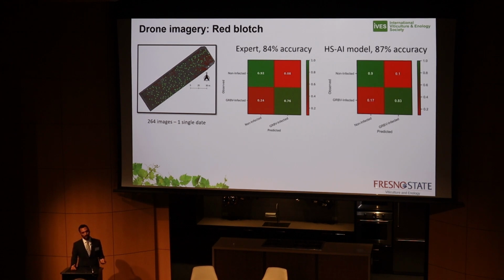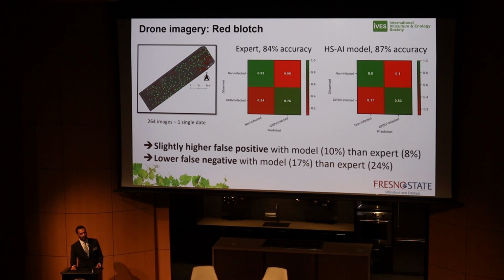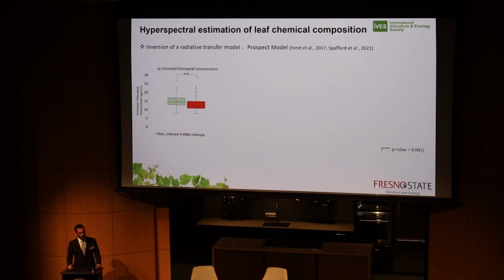The hyperspectral system and the artificial intelligence beats the expert, and is roughly 87%. And we have, in general, a slightly higher false positive with the model, which is 10%. The expert was at 8%. But we have a lower false negative, which is more important in assessing the disease.